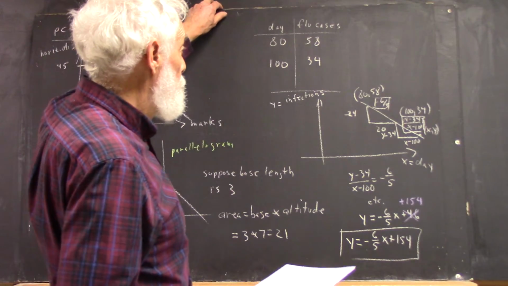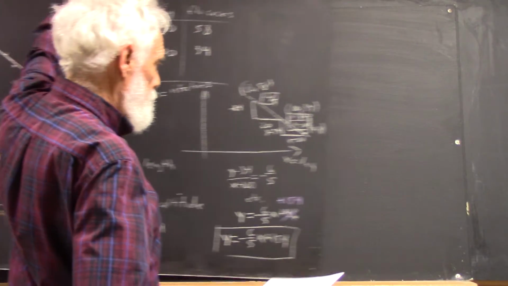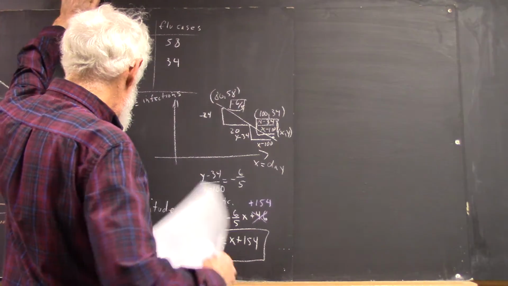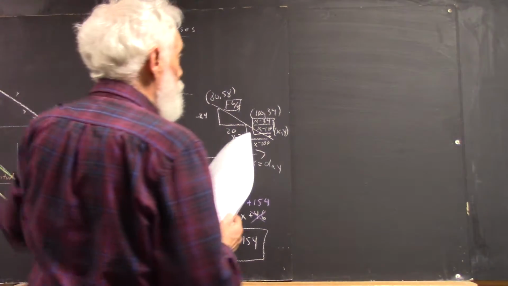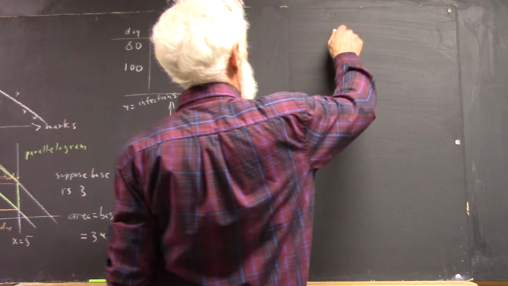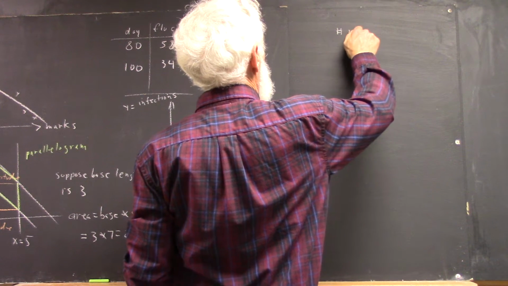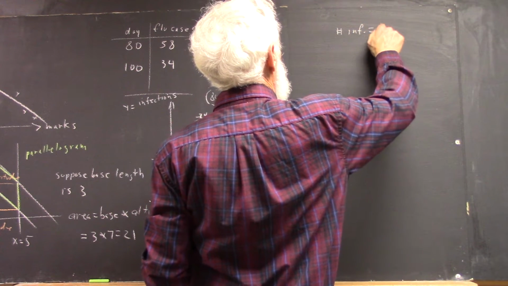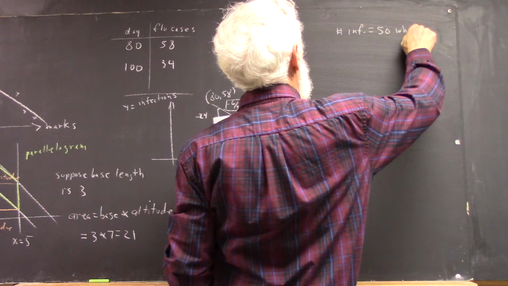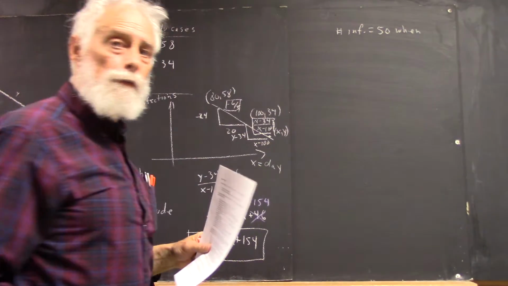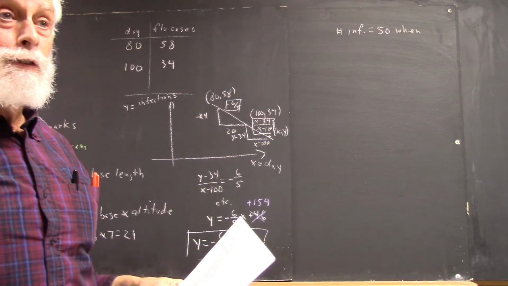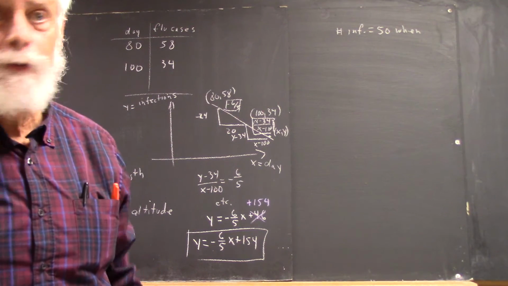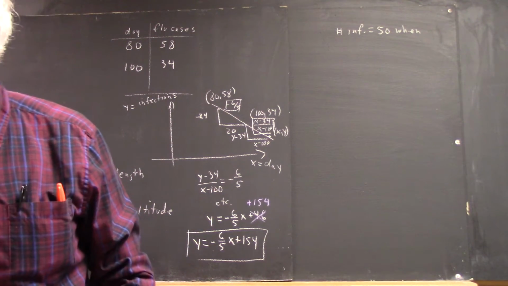So when is the number of infections going to be 50? Well, what's the one thing you can definitely say? Number of infections is 50 when Y is 50, because the number of infections is Y, right?